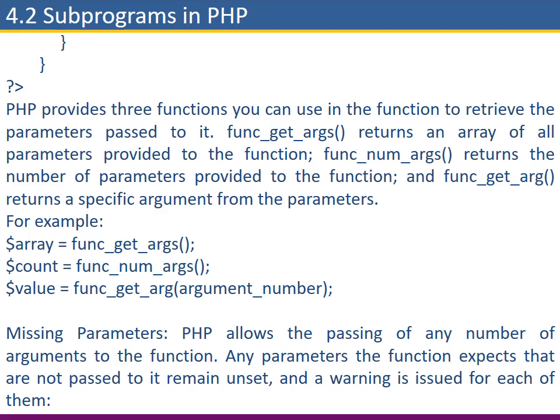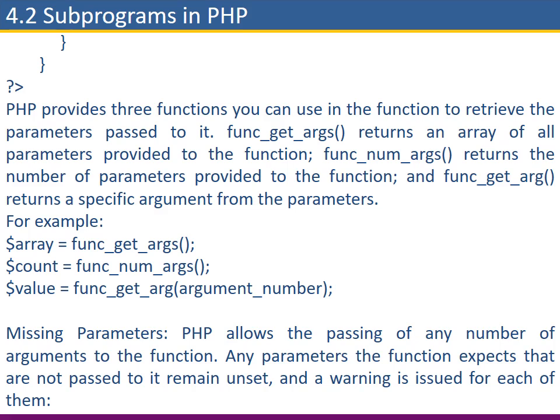So let's see an example of those 3 functions that PHP provides. We have the dollar sign array equal to func_get_args. Then we have the dollar sign count, which counts how many arguments were passed, and the dollar sign array gets the value of a specific index.